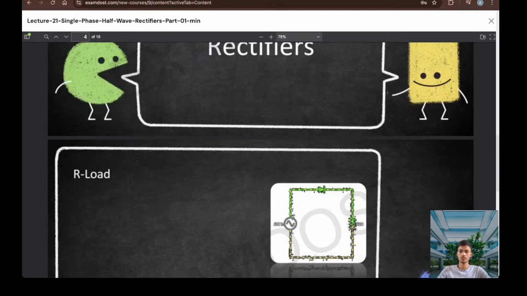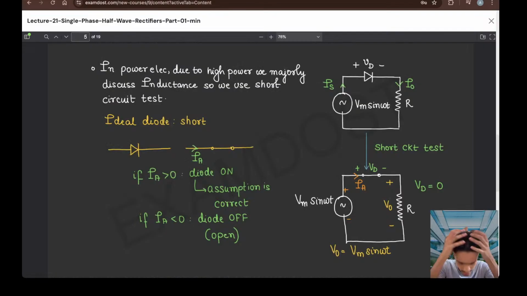In power electronics, due to high power, we majorly discuss inductance, so we use short circuit test. We use a short circuit test because we generally use it due to the high power, and the ideal diode is a short.